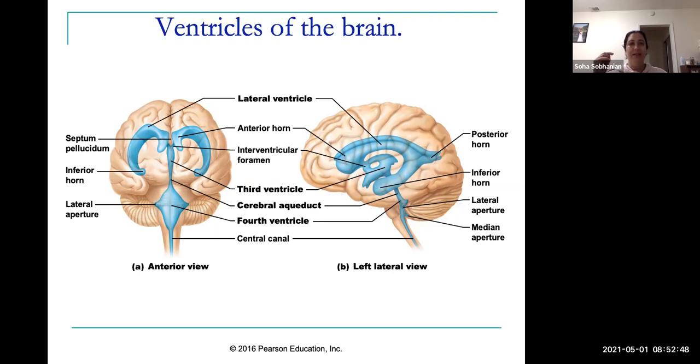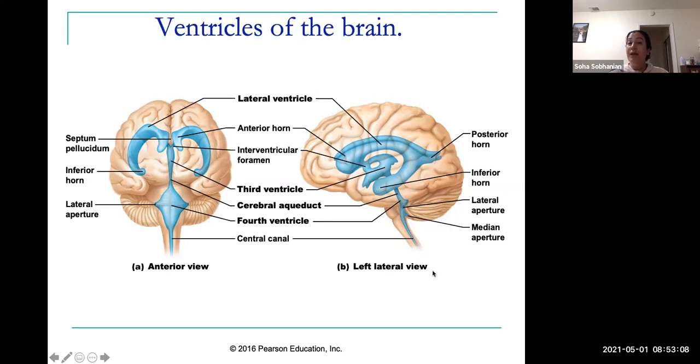So we have lateral ventricle, third ventricle, cerebral aqueduct, and fourth ventricle. And the continuation of the fourth ventricle goes down the vertebral column and forms what we call the central canal, the little structure you see right here.